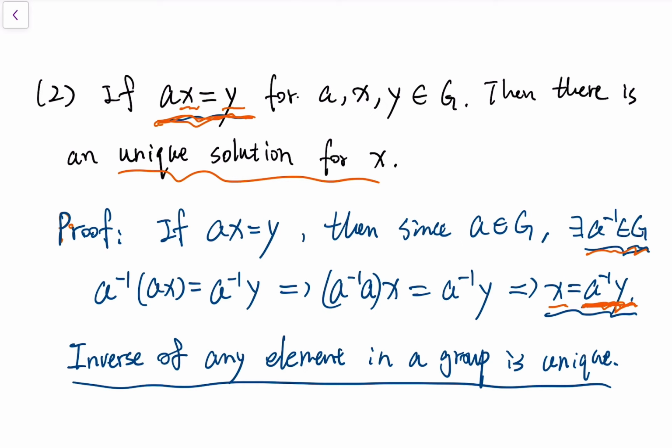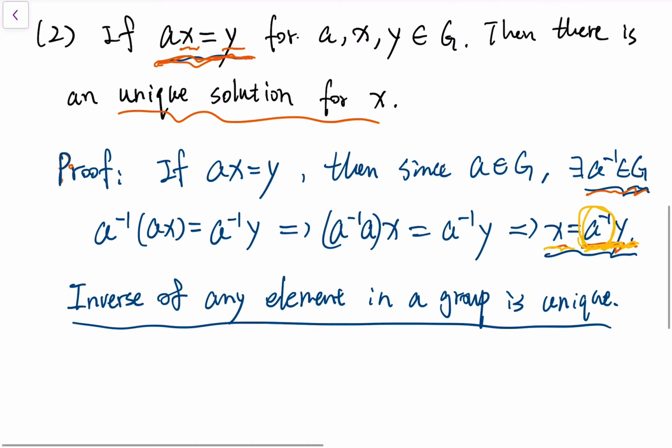So this means that A inverse is a unique element in G. Because A inverse is unique and Y is a certain element in G, the operation over those two elements will be a certain element in G. So that means x is a unique element in G. So the uniqueness of the solution x is a natural result of the property we proved in previous episodes.